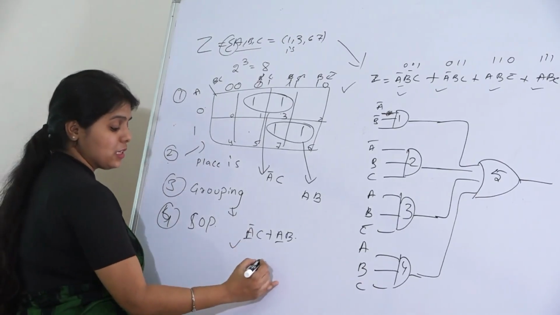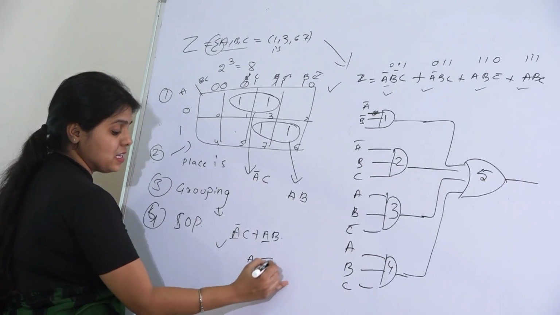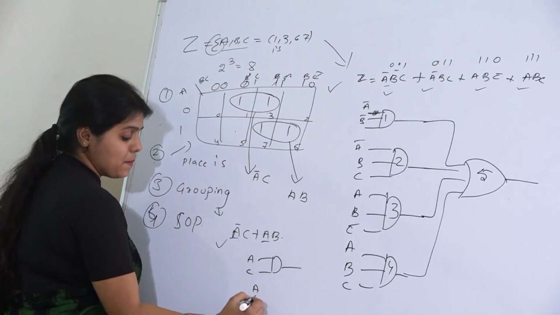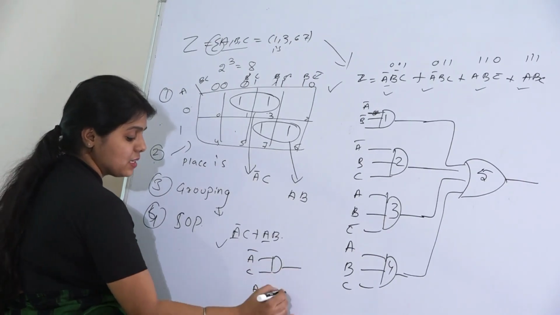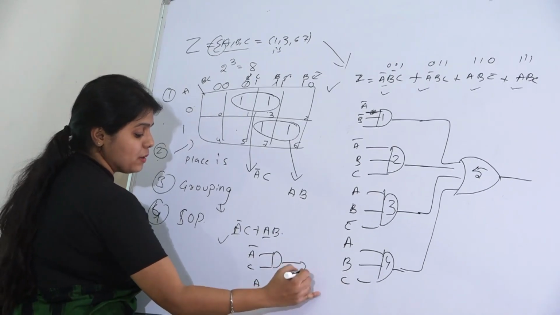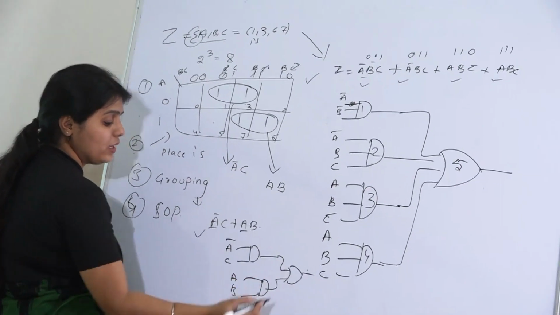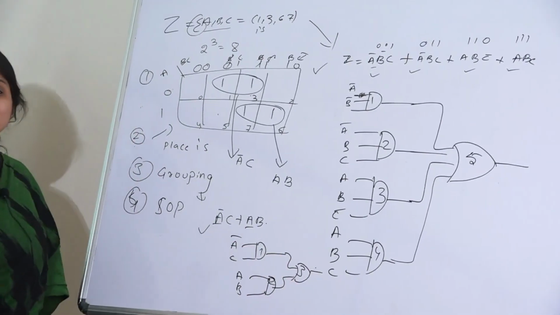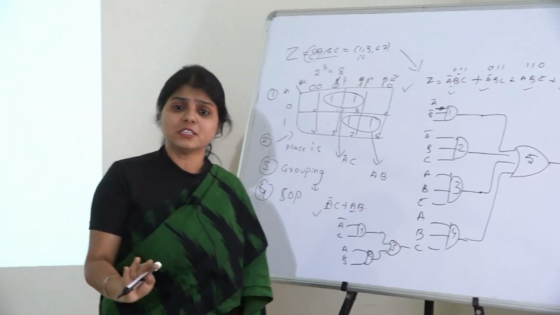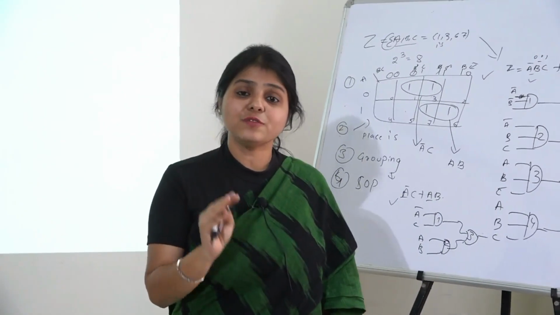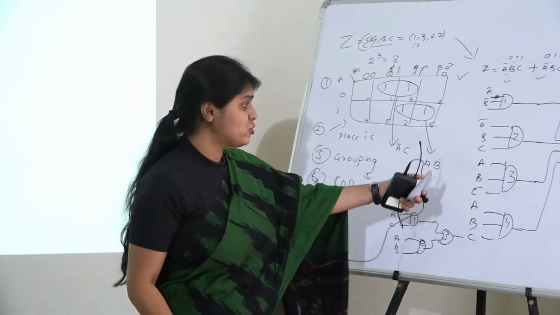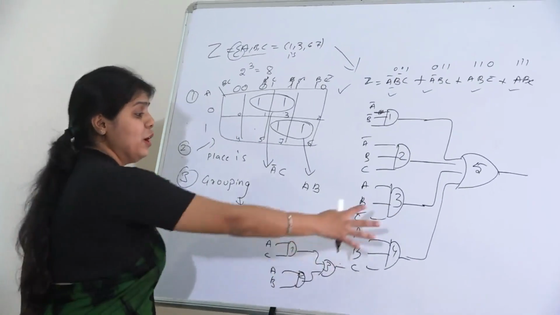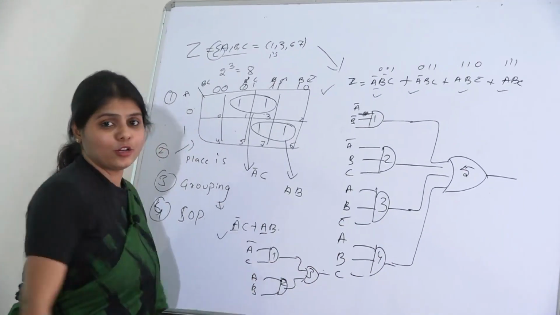Now when I want to design the logic circuit for this, a bar c is one 2 input AND gate, a b is another 2 input AND gate, and then I am ORing them together. So I use only 1, 2, 3 gates. This is a simple function, a 3 variable function with 4 min terms, where I have reduced the size of the circuit from 5 logic gates to 3 logic gates.